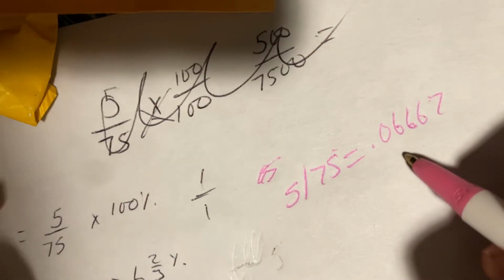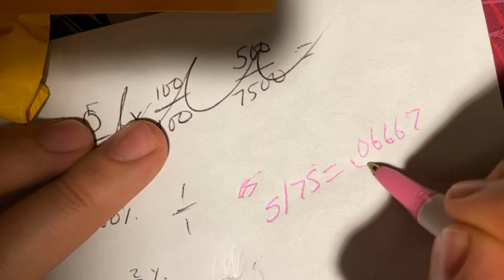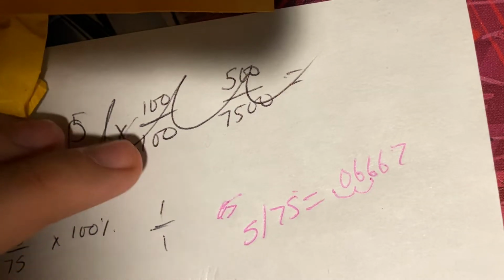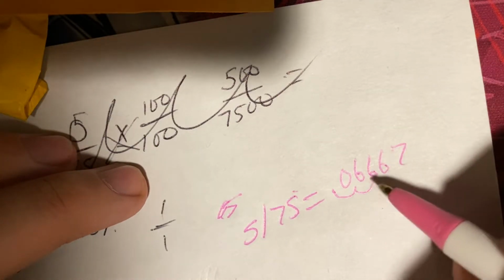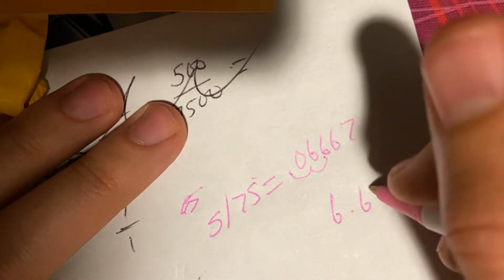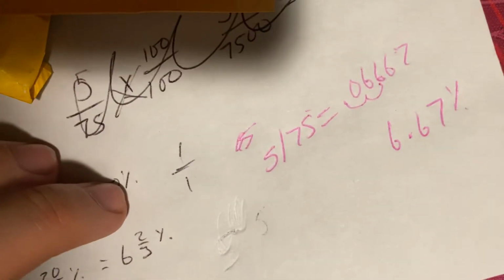And then to convert decimals to percentages, you just take it times 100 to get a normal percent, because 0.0666 as a decimal inherently equals 6.67%, and that's in decimal form.